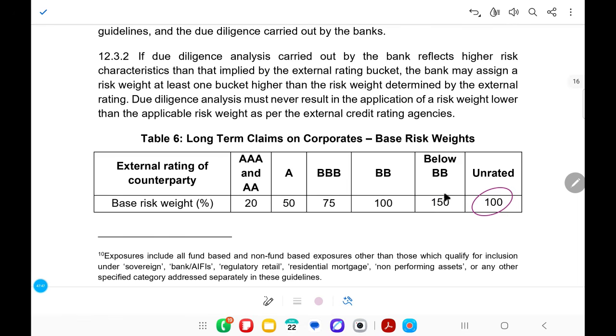Unrated corporate exposures generally receive a risk weight of 100%, but this escalates to a penal 150% risk weight for large unrated exposures, where the aggregate banking system exposure exceeds 200 crore, or for corporates that were previously rated but subsequently became unrated and where the exposure exceeds 100 crore.